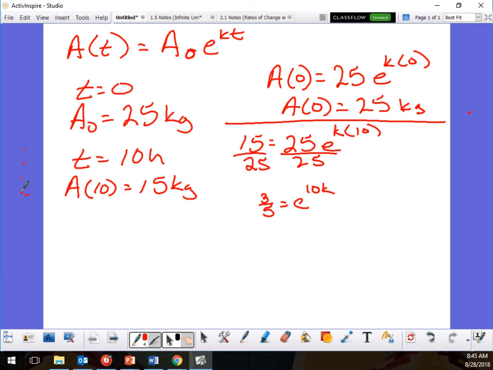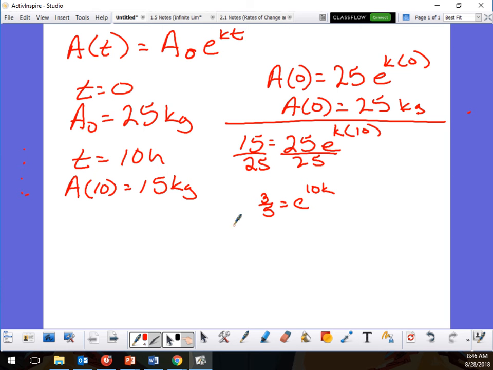Okay? e and ln go together. ln is natural log. And natural log is actually just log base e. That's what it means. It's log base e. So if I were to ln both sides of this, I'm going to remove the e from this.